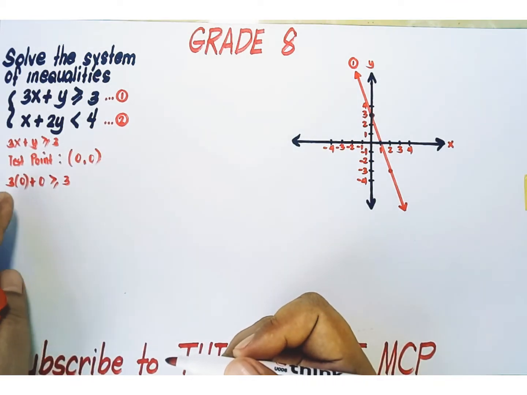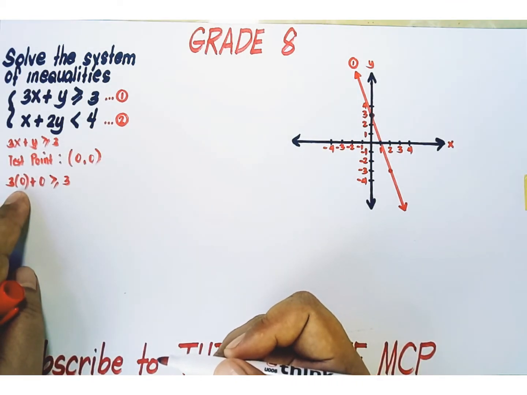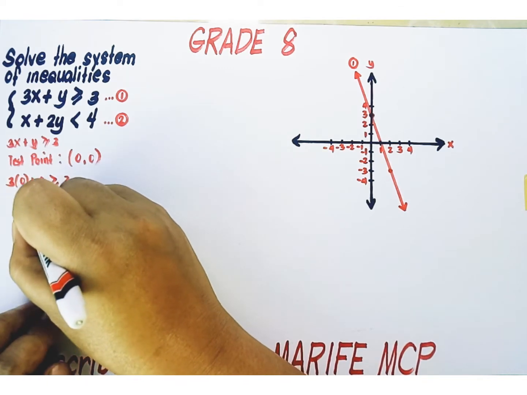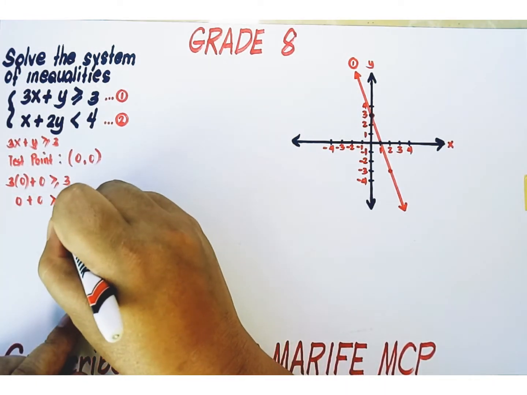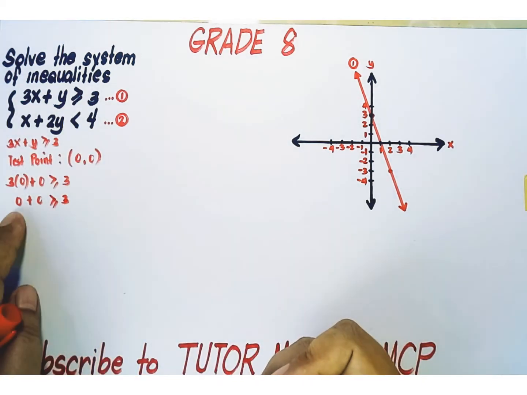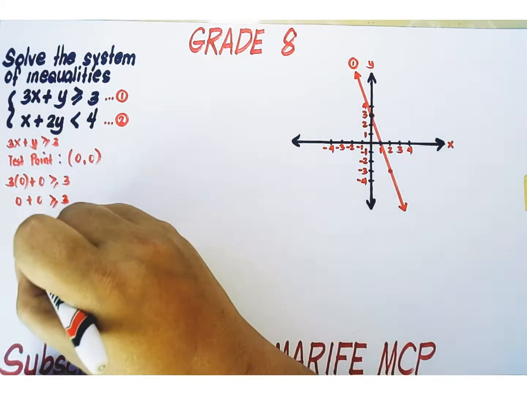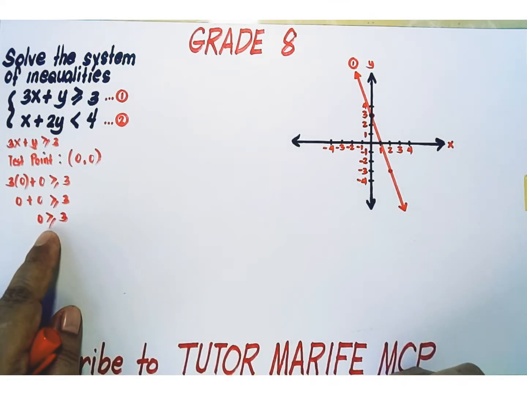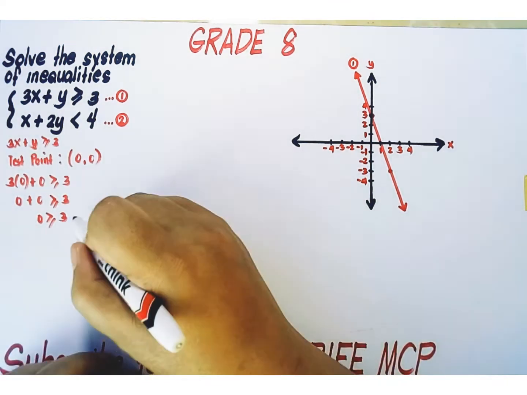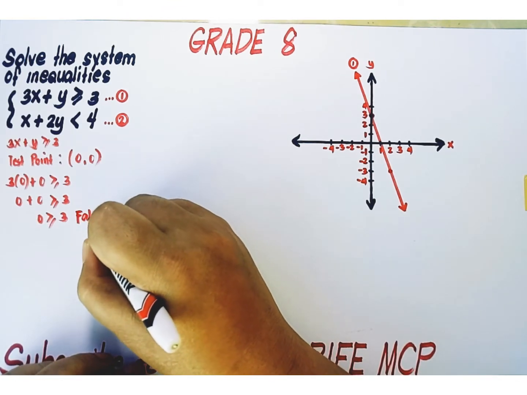Any number multiplied by 0 is always equal to 0. 0 plus 0 greater than or equal to 3. Of course, 0 plus 0 is always 0. 0 greater than or equal to 3 is a false inequality statement.